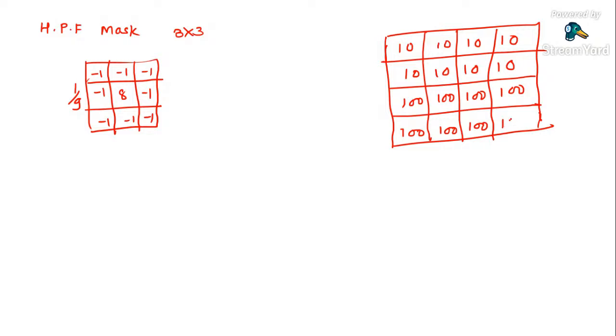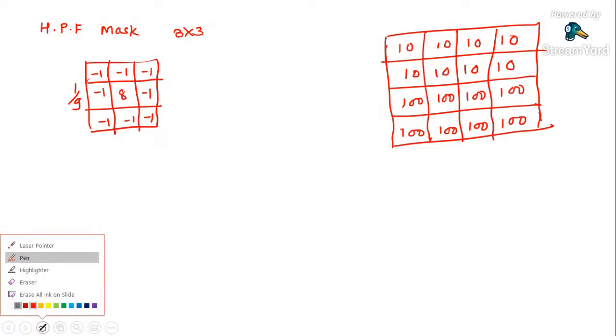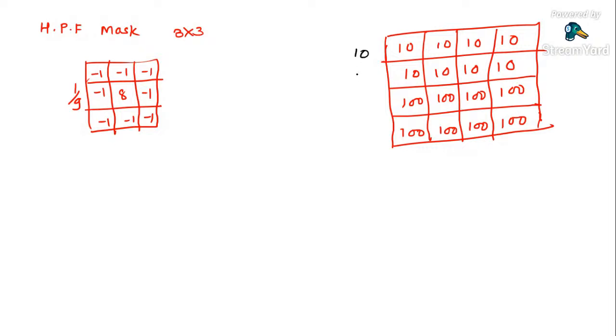Now apply it. We know the procedure. We will make this 10, 10, 100, 100 for our calculation purpose. We are adding one row and one column like this; otherwise you can also consider 0, no issue.